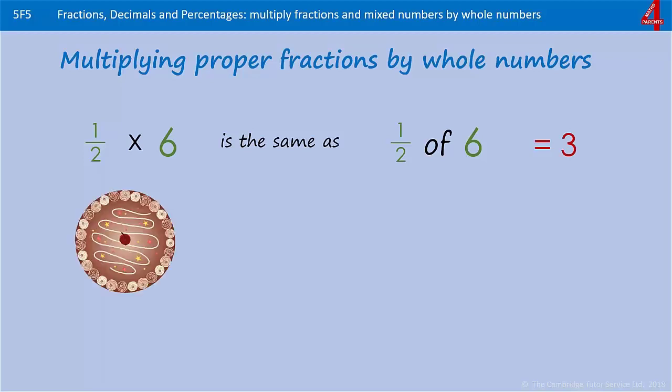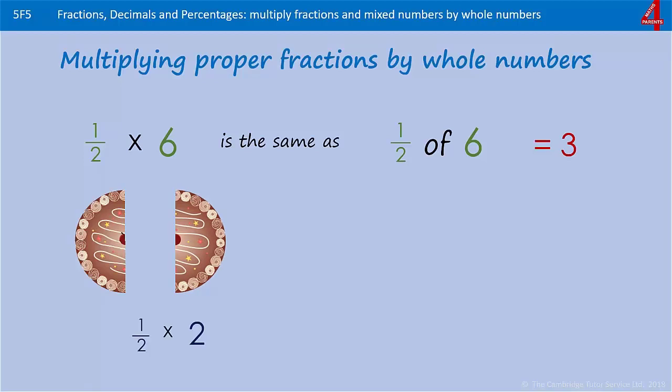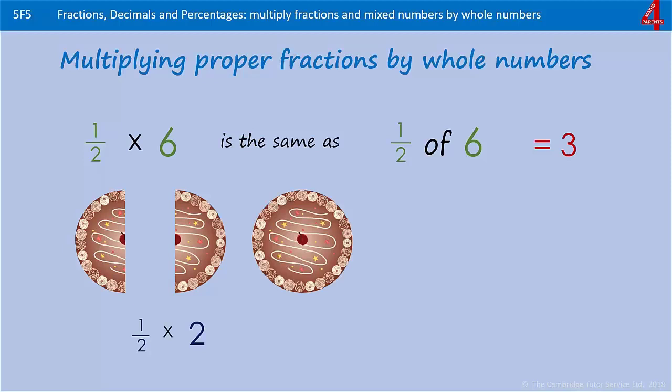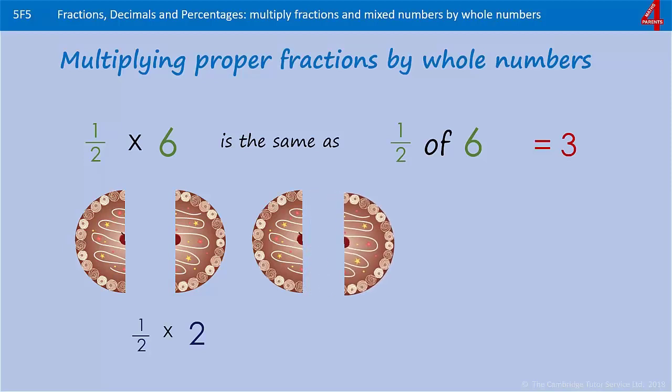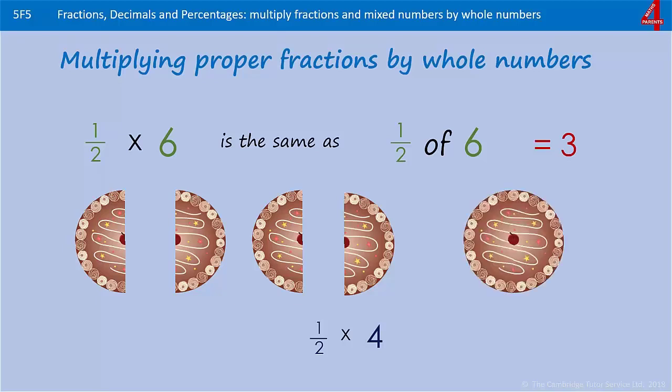And just to show you what that looks like, we have one cake here, and we're going to divide it into halves. And we have a half times by 2, 2 lots of a half. We have another whole cake, and we cut that one in half. Now we have 4 lots of a half, or a half times by 4. We've got 2 whole cakes, and a half of 4 is 2.